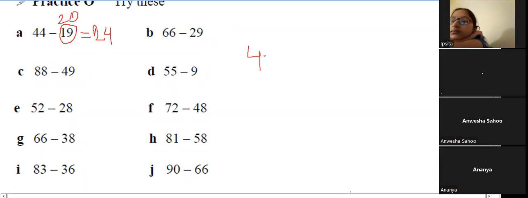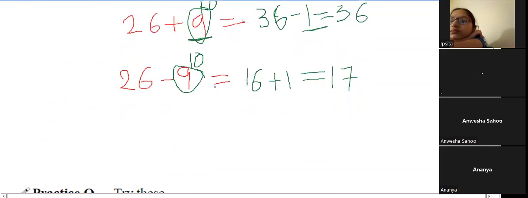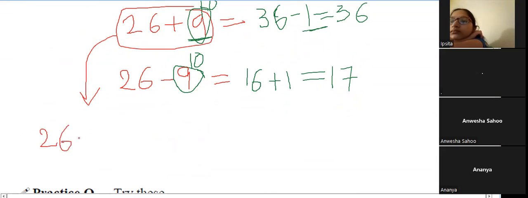We are making this procedure a shortcut. Let me explain here only. Can I consider this first question like this? Tell yes or no. 26 plus 9. This is our question, right?